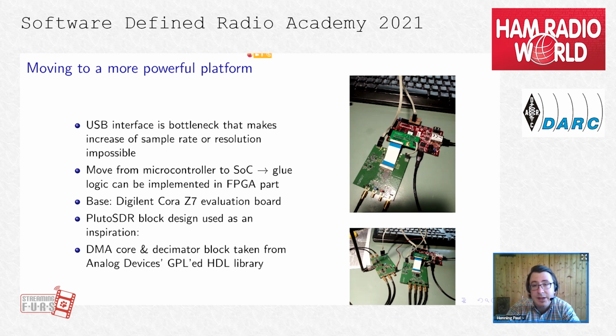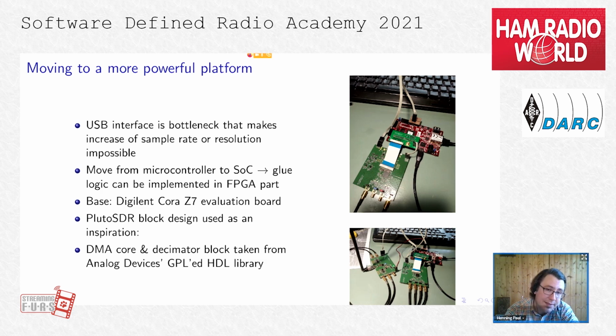And I hooked up this evaluation board to an external ADC, using this setup you see here with an adapter board and a flex cable. And here you see this is the ADC board. I was able to reuse a lot of blocks from the Pluto SDR, because Analog Devices has GPL'd their hardware description language HDL library.